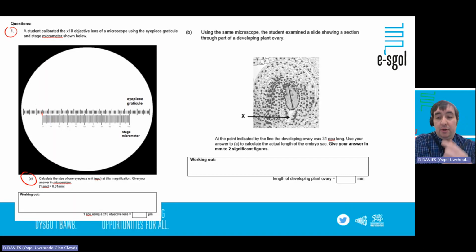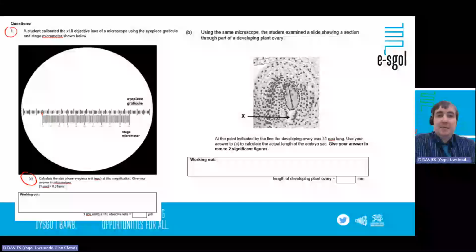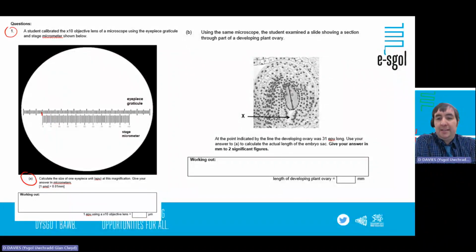Okay, so you can stop the video if you haven't finished working out, that's fine. But this second part, part B, is how you are going to use that value you've calculated to work out the actual length of something. Using the same microscope, a student examined a slide cross-section of a developing plant ovary.